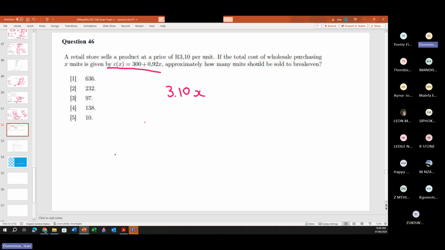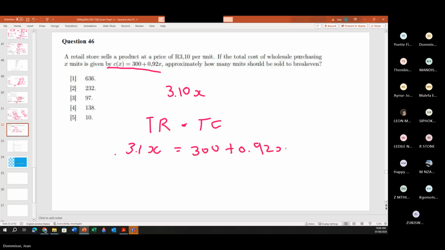Okay, so for break even, total revenue is equal to total cost. So we've got total revenue as 3.1x. We've got total cost as 300 plus 0.92x.